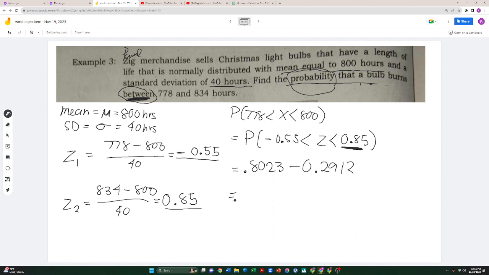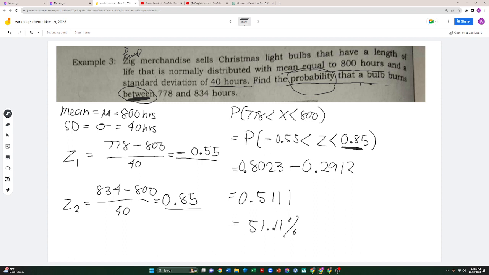Use your calculator: the result is 0.5111. Therefore, the probability is 51.11%. So how do we interpret this again?